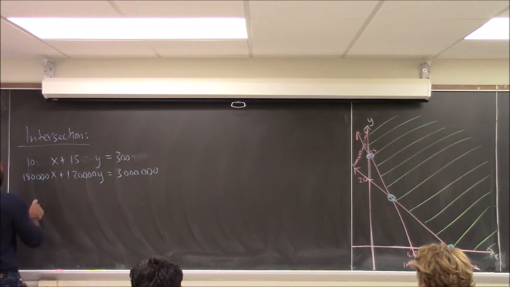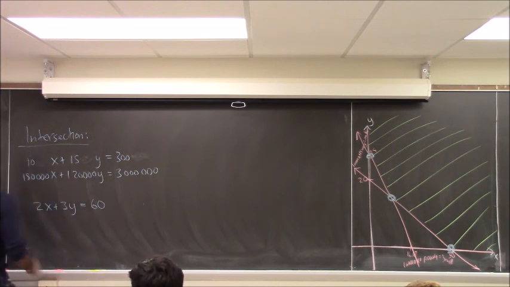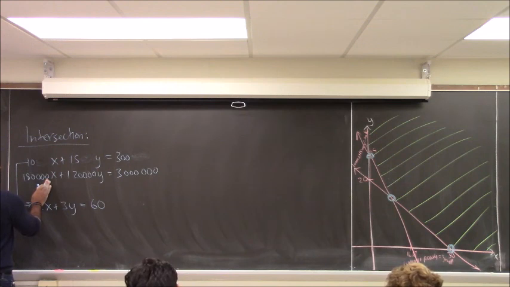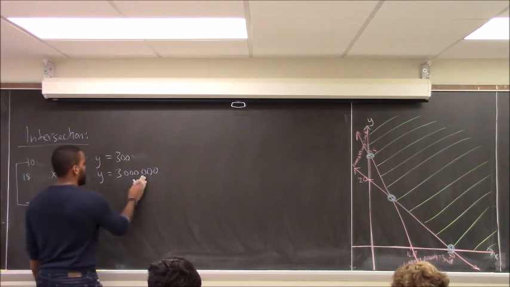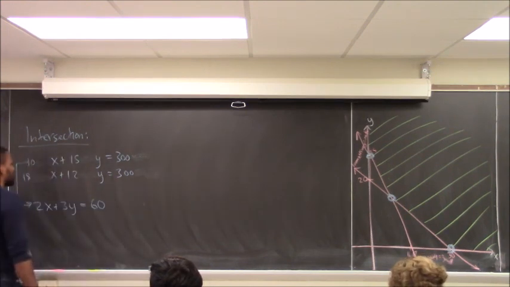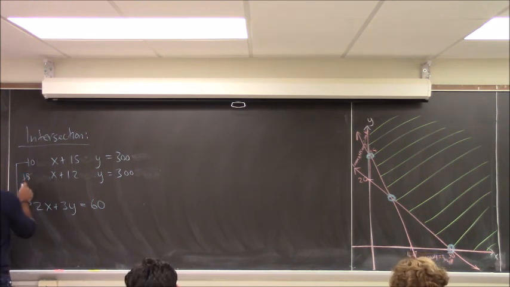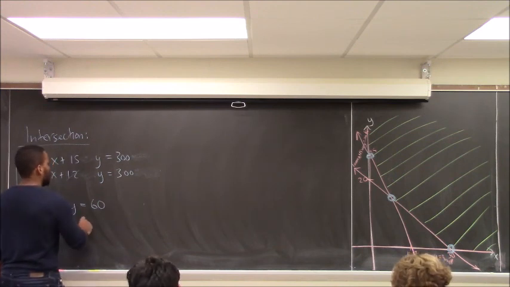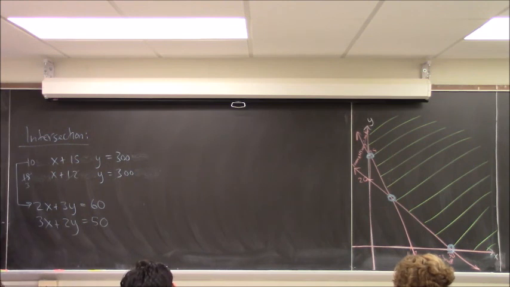The first one is actually 2x plus 3y equals 60. That's this equation. Here I can divide through by 10,000, and again by 6. 3 times 6 is 18, so that goes in 3 times; 6 goes into this 2 times, and 6 goes into this 50 times. So it really reduces to that.